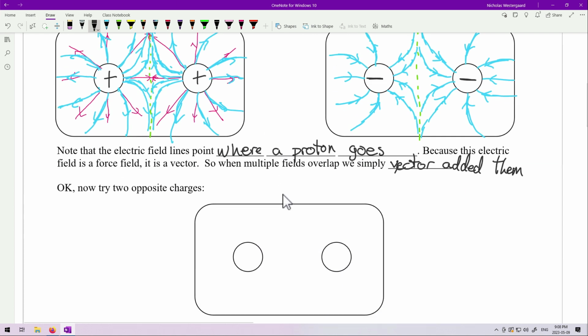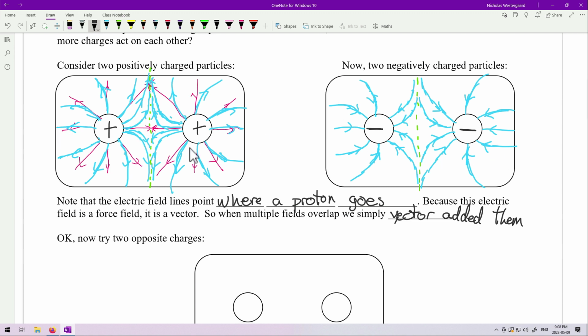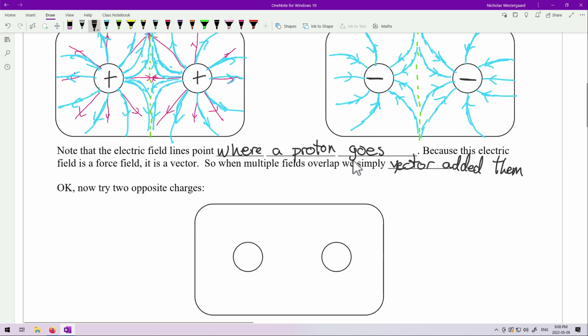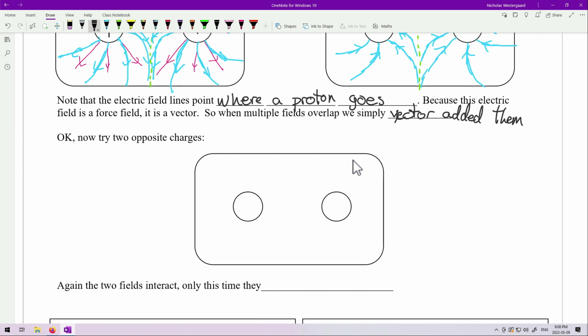Now, that's like charges, and hopefully we recognize that positive to positive and negative to negative are symmetric situations, so we should see something similar. What happens when we have not a situation symmetrical to this? What happens when we have a positive and a negative?